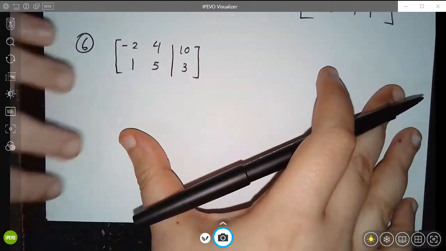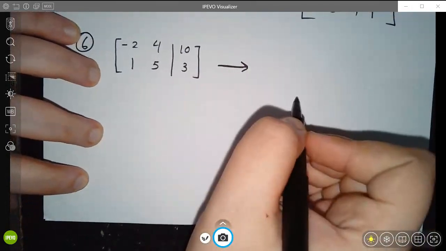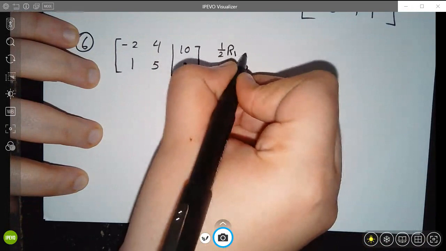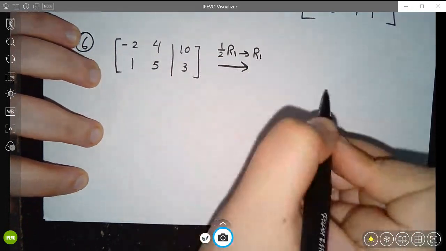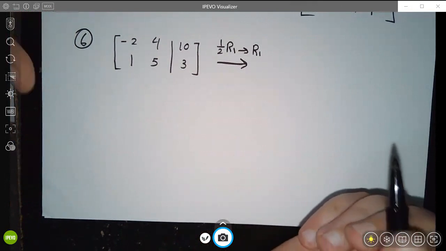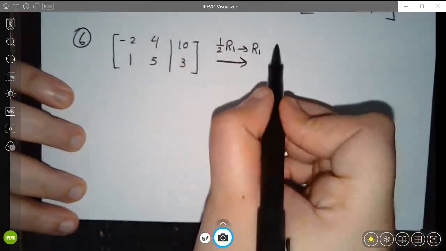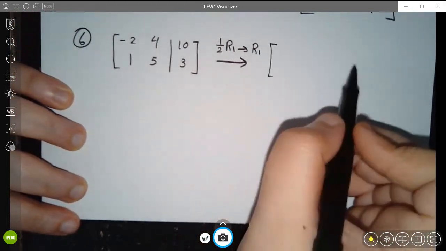Okay, so this is a 2 by 2. Now, arrow, I want you to give me 1/2 R1 is the new R1. So I'm saying multiply R1 by 1/2. That would give you the new row 1 for this matrix.